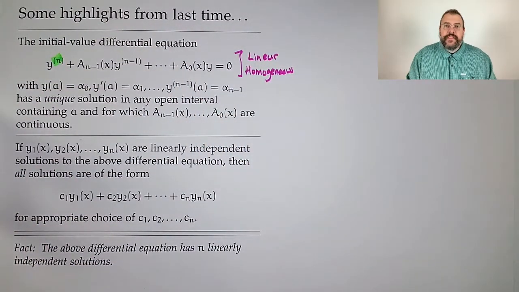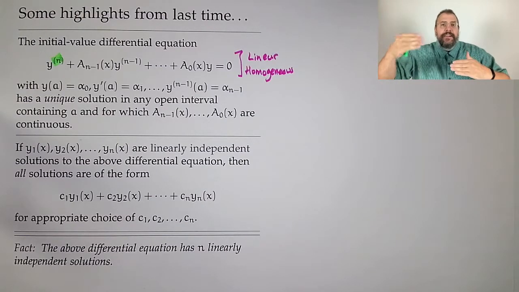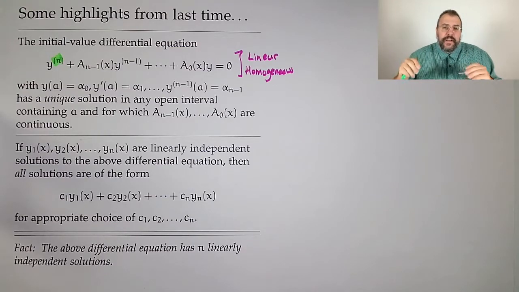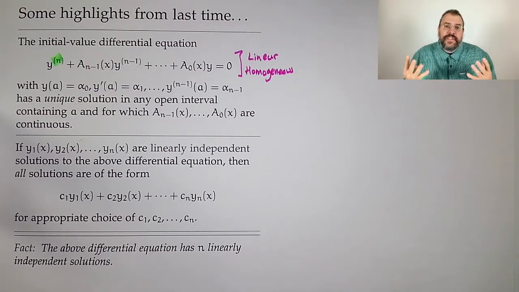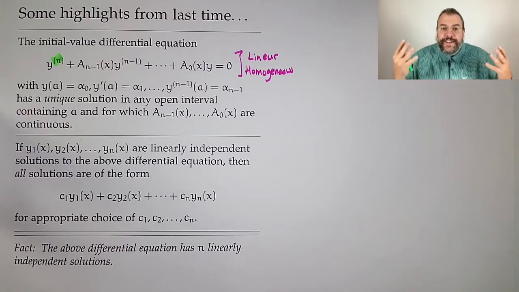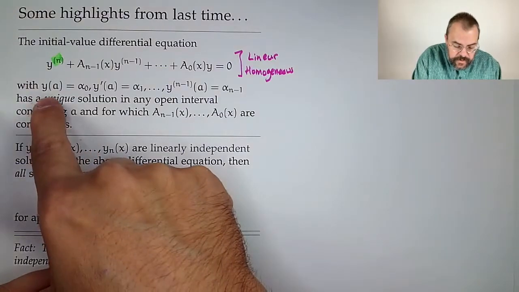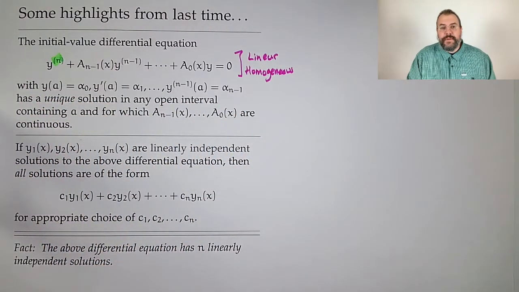That's the key. And it makes sense, right? Because essentially, if we have an nth derivative involved, somehow there are n integrals involved, and every time you do an integral, there's an extra constant showing up. So we have to have enough information to determine n constants, or put another way, we have n degrees of freedom. So with n pieces of information, we can say, aha, these are what the constants need to be so that everything works.